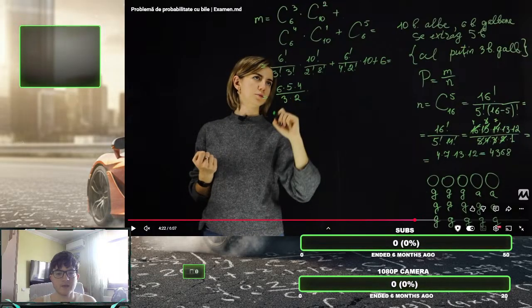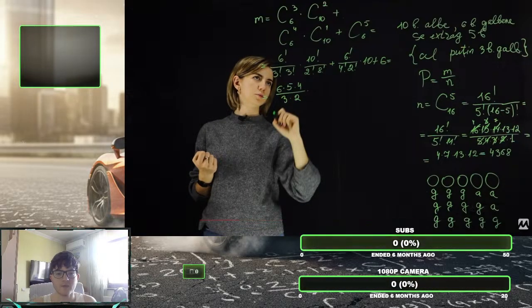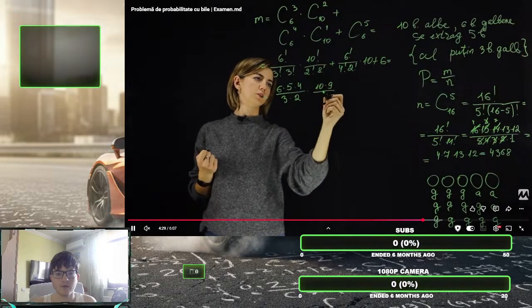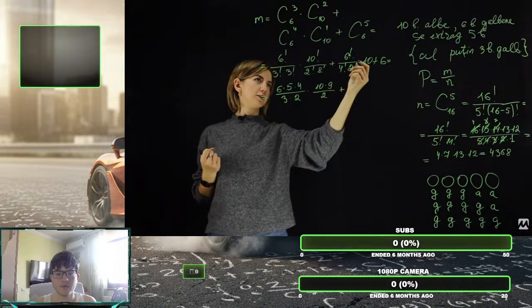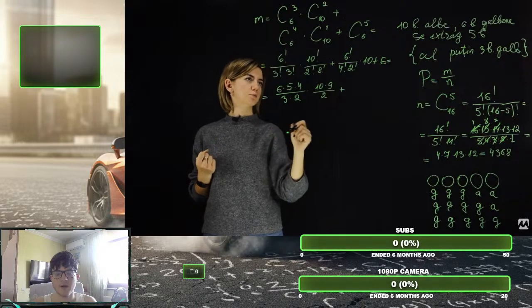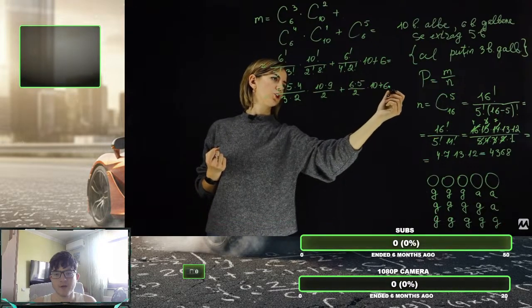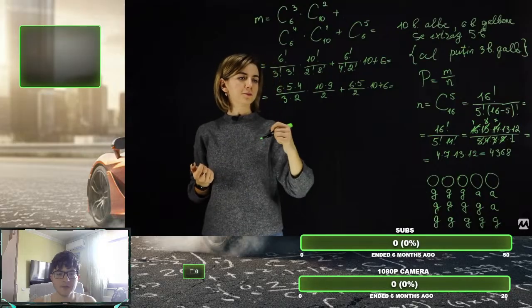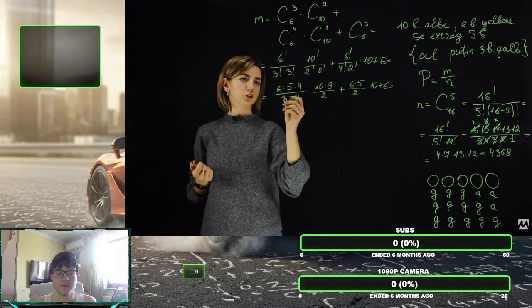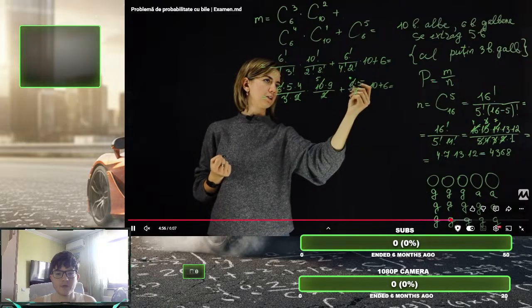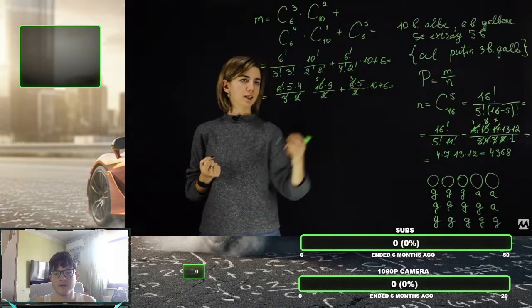So 6 times 5 times 4 over 3 times 2. You do the appropriate simplifications: 5 times 6 divided by 2, times 10, plus 6. Now simplify 6 with 3 and 2 with 4, and 2 with 10 and 2 with 6.